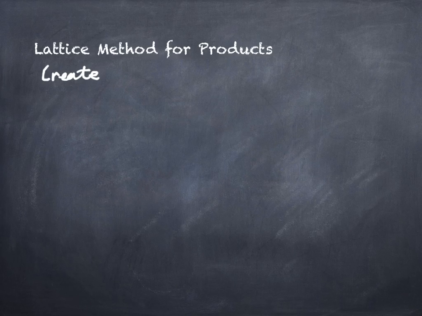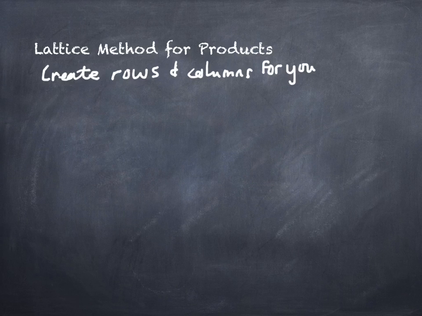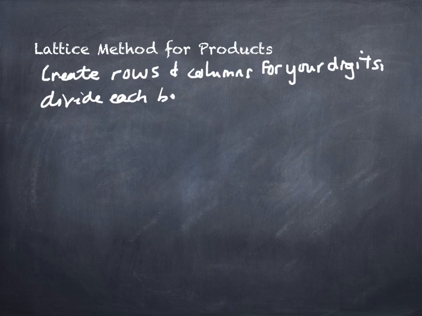The way you do this is you create rows and columns for your digits. You divide each box diagonally.